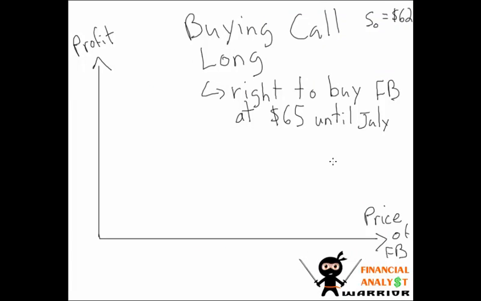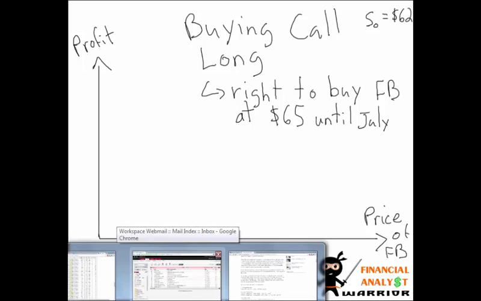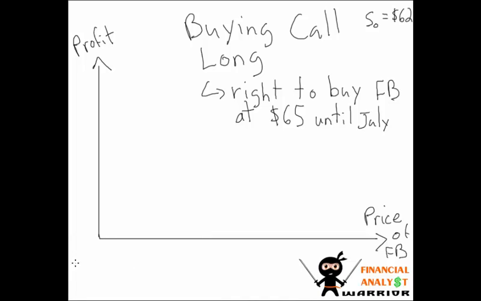That means I have to spend right away $1.20, so I'm starting with a loss of $1.20. So it's minus $1.20. We can just extend this into the negative side.